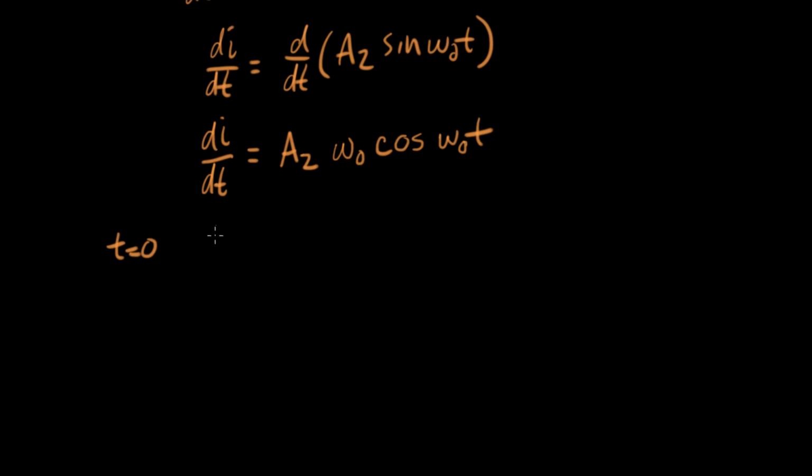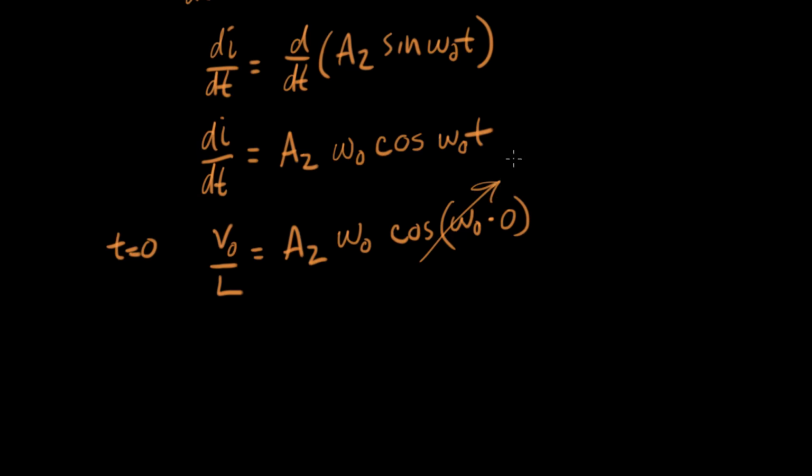And we know that di dt was v naught over L equals A2 omega naught cosine of omega naught times 0. And cosine of 0 goes to 1. And so we can solve for A2. A2 equals V naught over L, and omega naught goes down here.